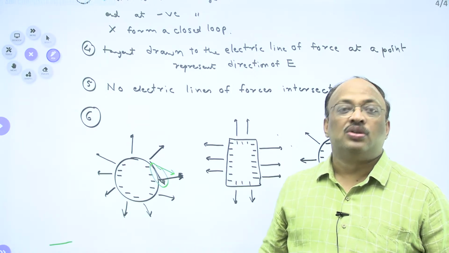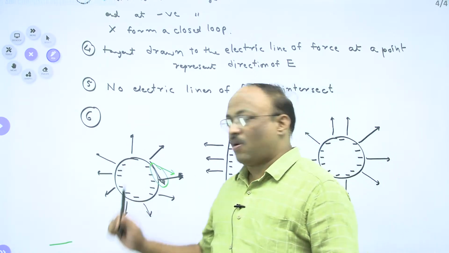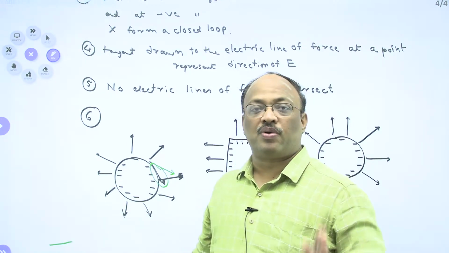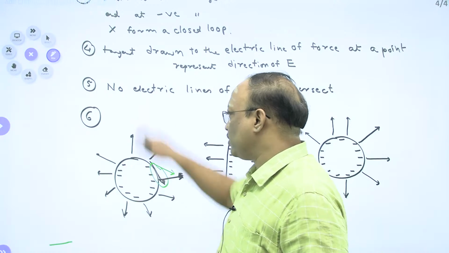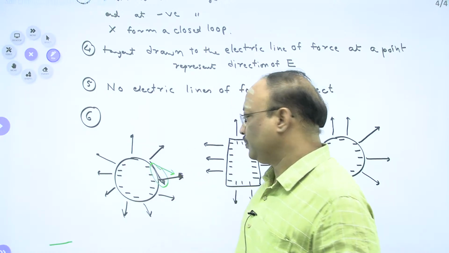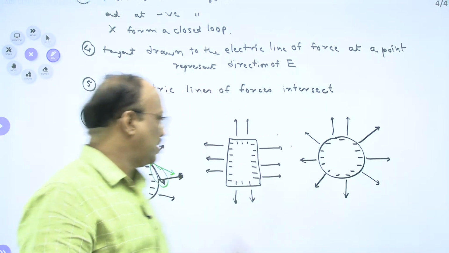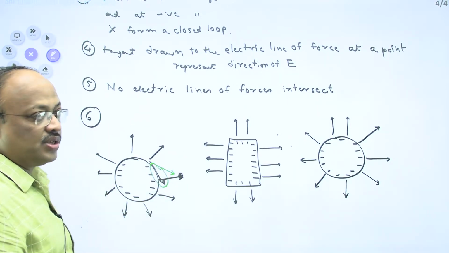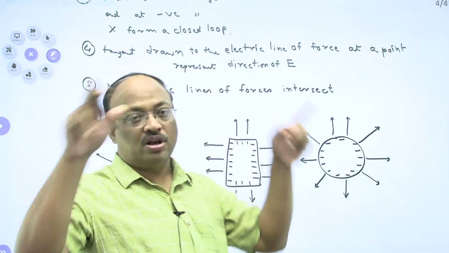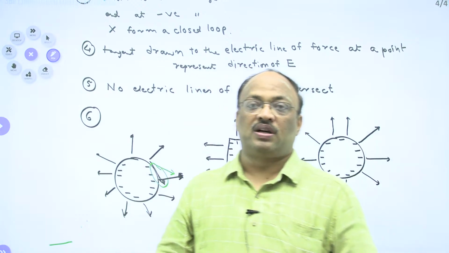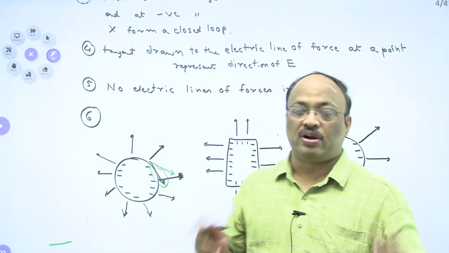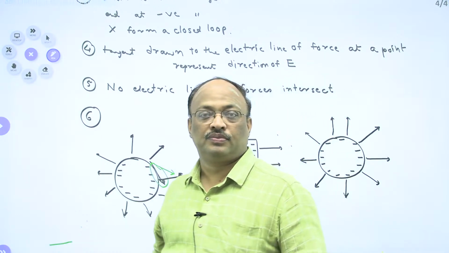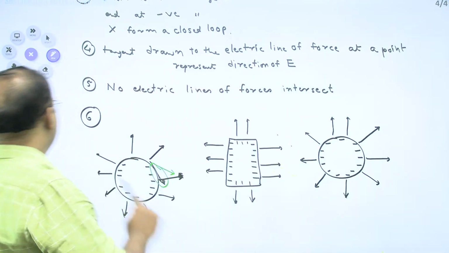Following my point? Therefore, the horizontal component does not exist. Only the vertical component exists. In the sense, the electric lines of force should always be perpendicular to the surface of the conductor.